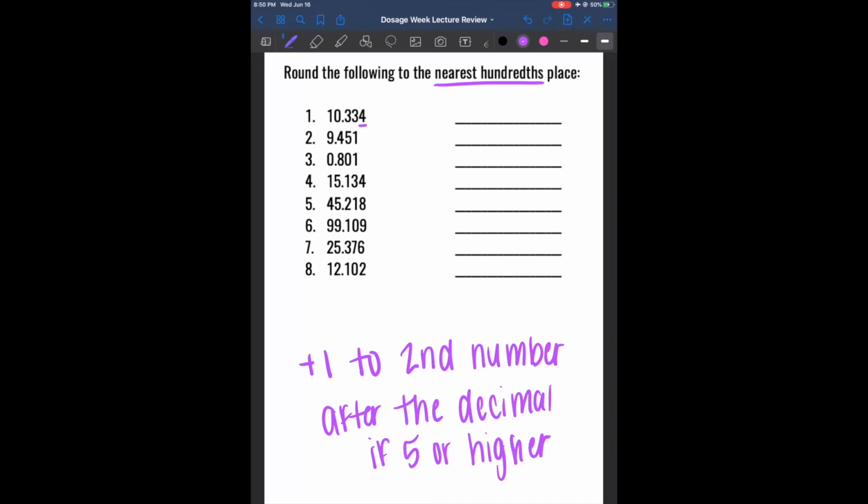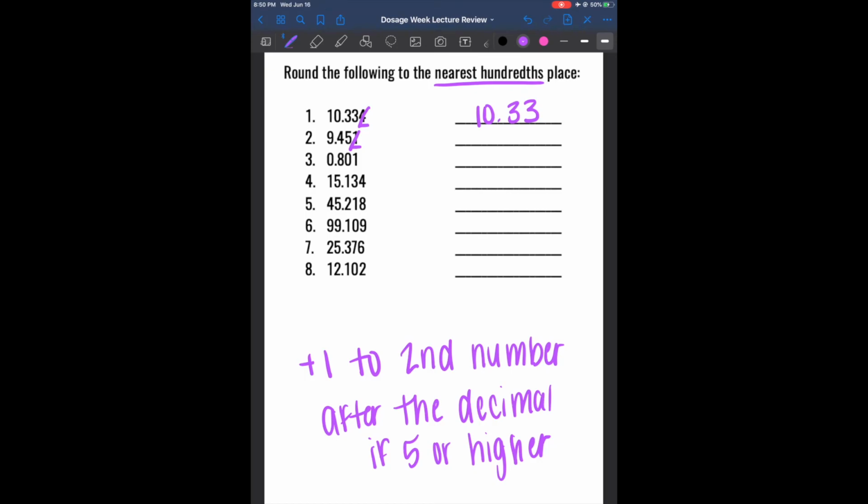So we're basing our number off of this third one. How we're rounding, we're basing off that third number behind the decimal. It's 4 or less, so we just drop the 4, and we're at 10.33.